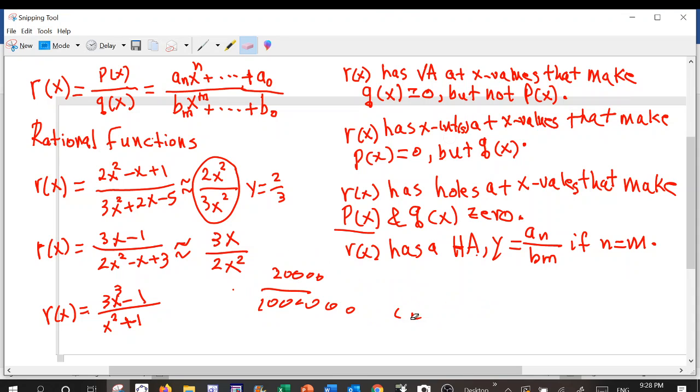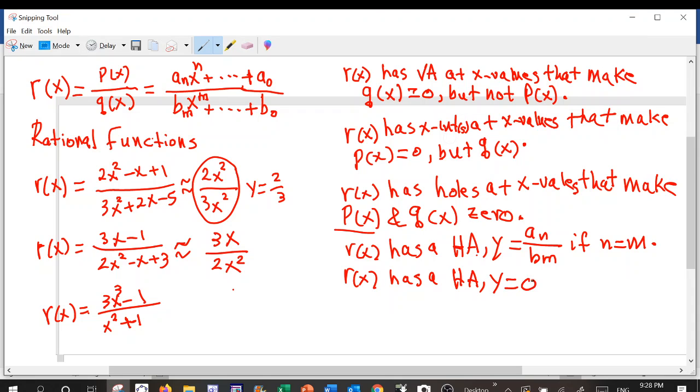So what we're going to say is this. We're going to say that R of x has a horizontal asymptote given by y equals 0 if n is smaller than m. That means the degree of the numerator is smaller than the denominator, then y equals 0 is a horizontal asymptote.